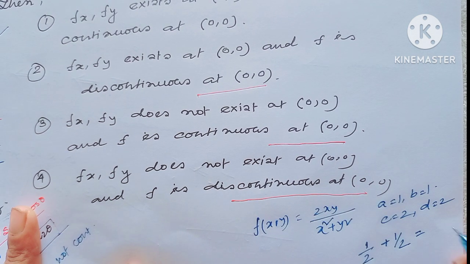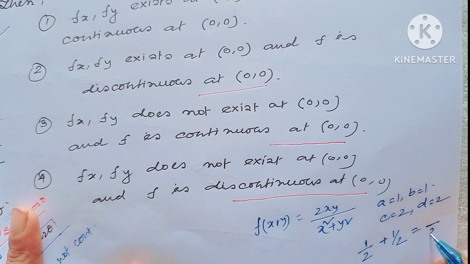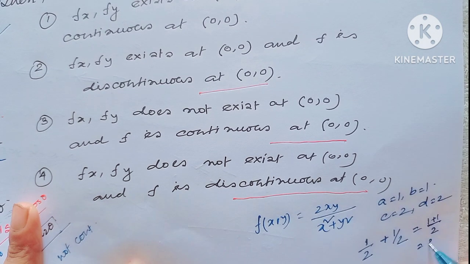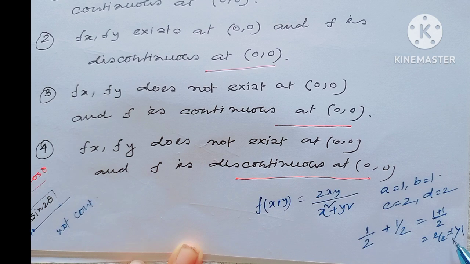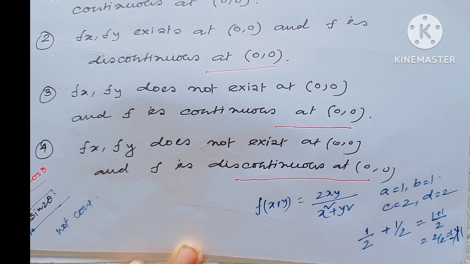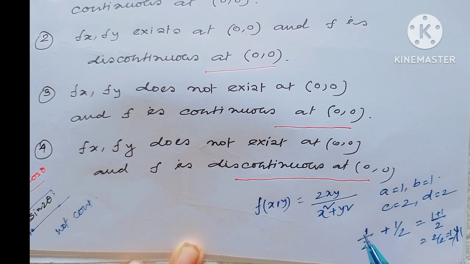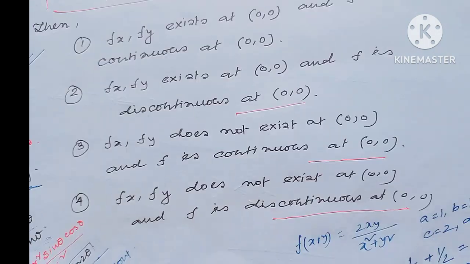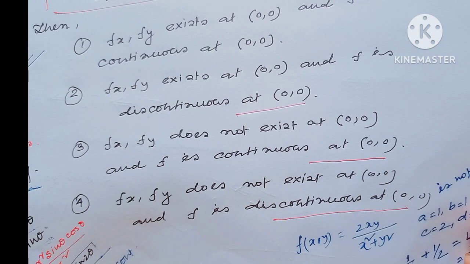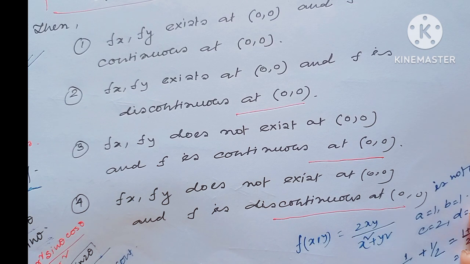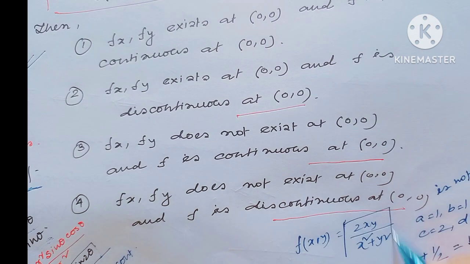The value of the sum is 1, which is not greater than 1. So by this rule, we can tell easily this function is not continuous. I think this is the easiest method for this type of example.